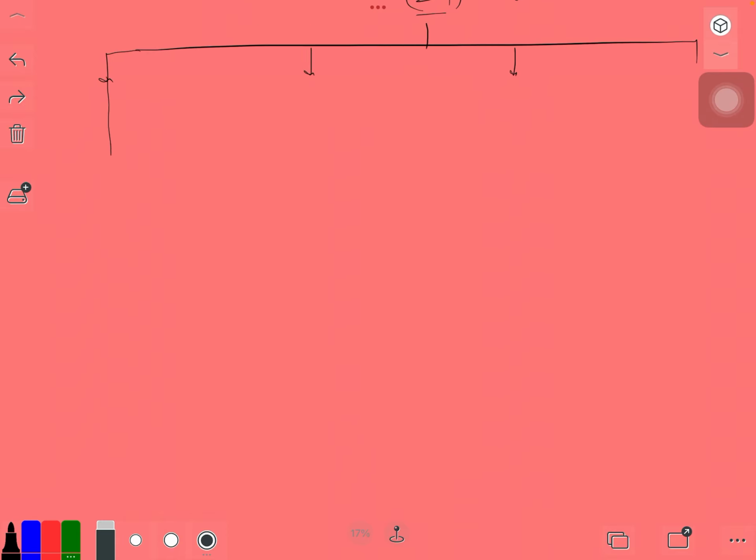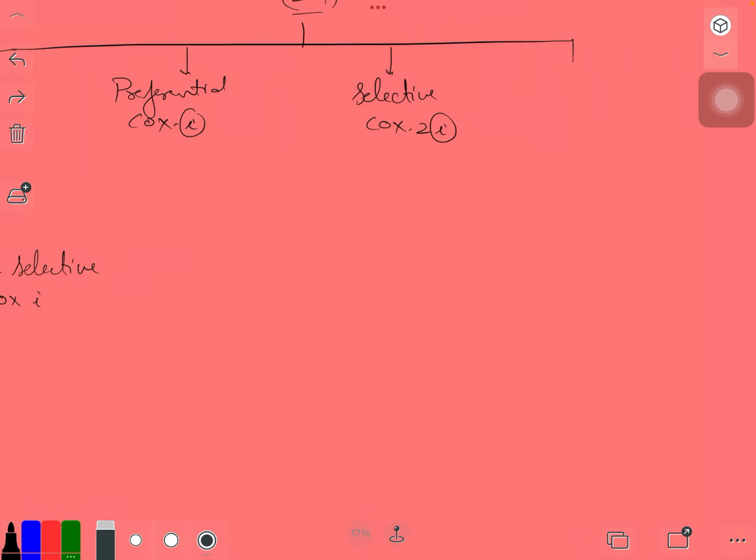First of all, let's break it down over here. It's a non-selective COX inhibitor. Then there is the preferential COX inhibitor, and then there is the selective COX-2 inhibitors.